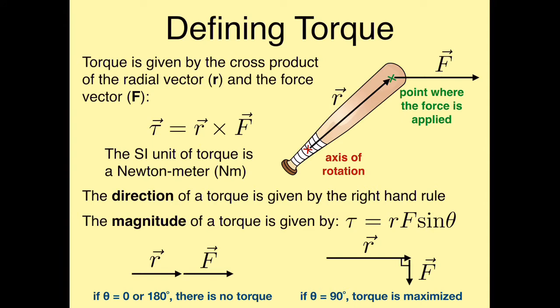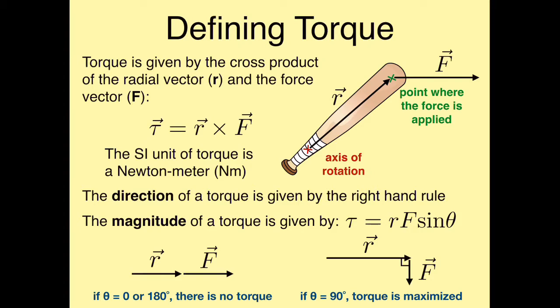So we already know how to deal with this. The direction of the torque is going to be given by the right-hand rule for cross products. And the magnitude of the torque is going to be given by, again, we take the magnitude of r times the magnitude of F times sine of the angle between them. This is just how we deal with the magnitude of a cross product.